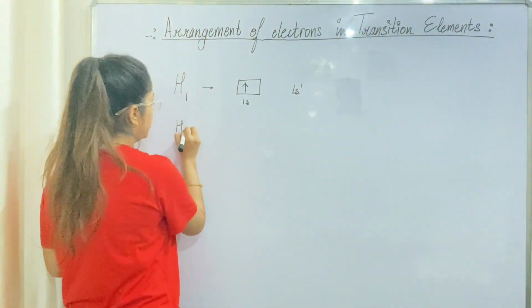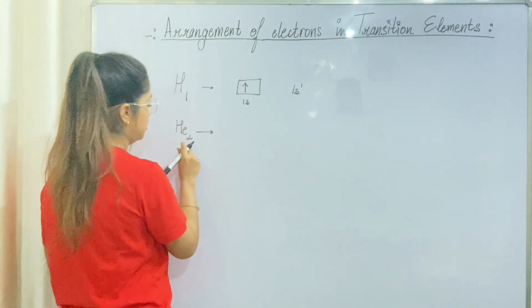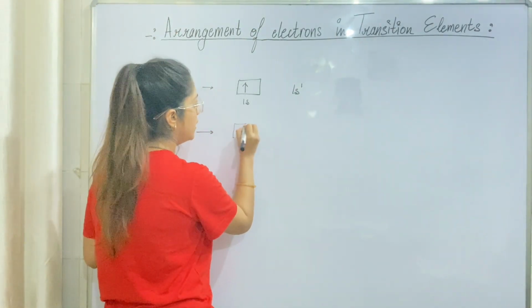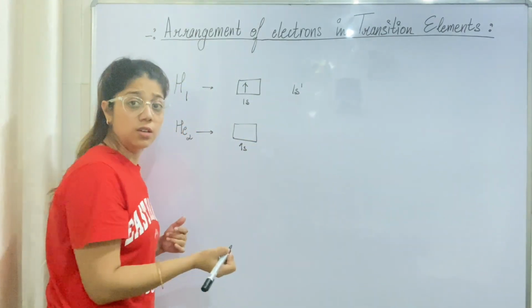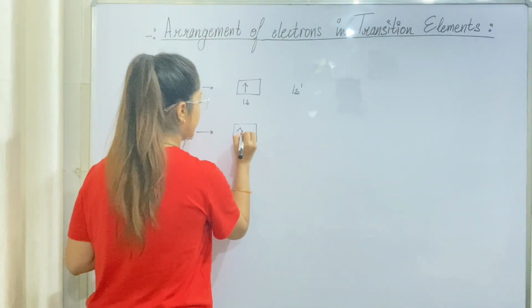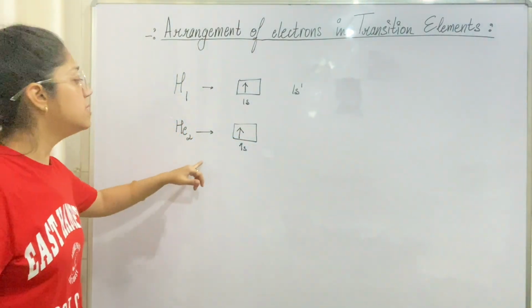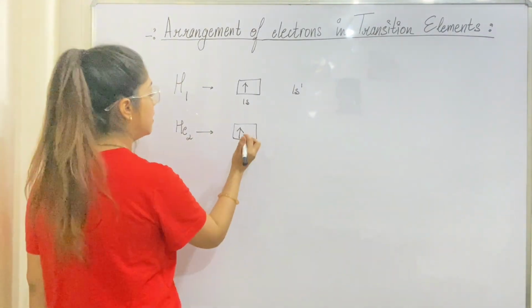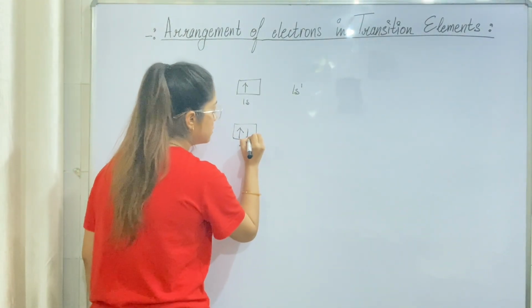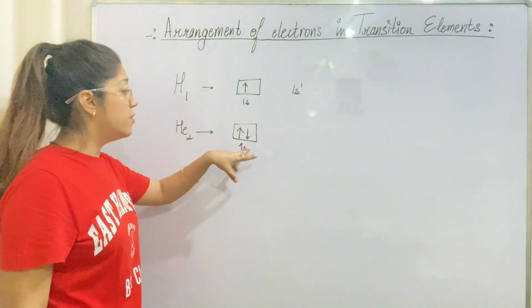Now talking about helium, the atomic number is 2. So electrons will go in 1s orbital, of course. So one electron in this, and of course you know that one orbital can accommodate 2 electrons, so the second electron will also go in this one only. But look at this very carefully.